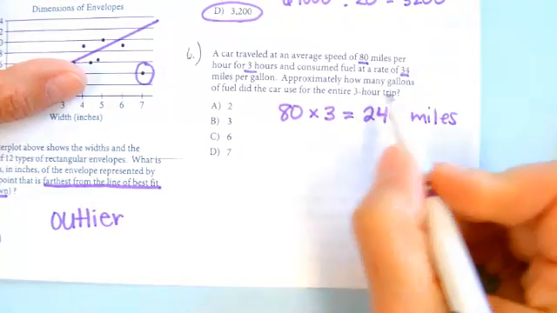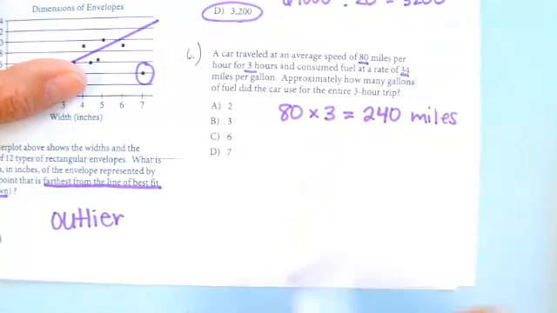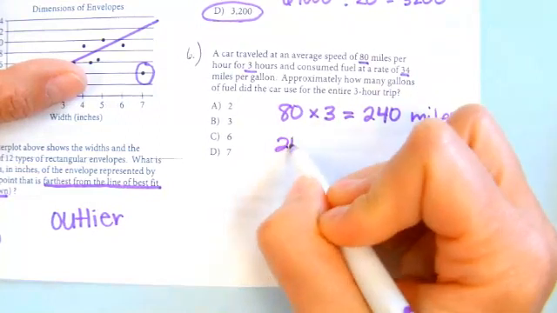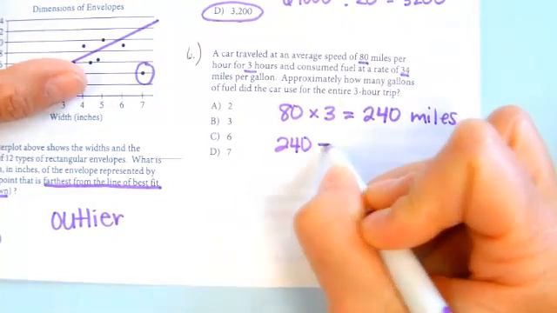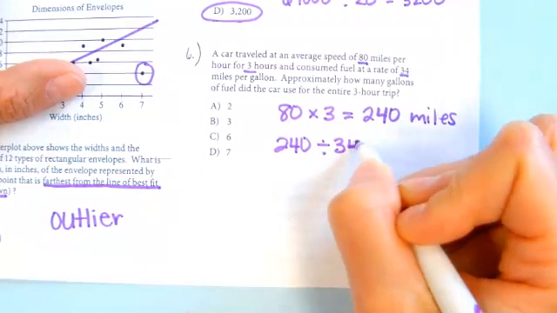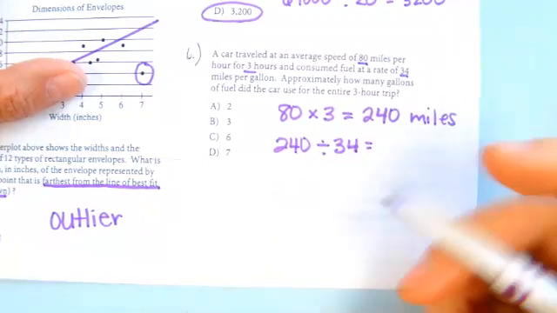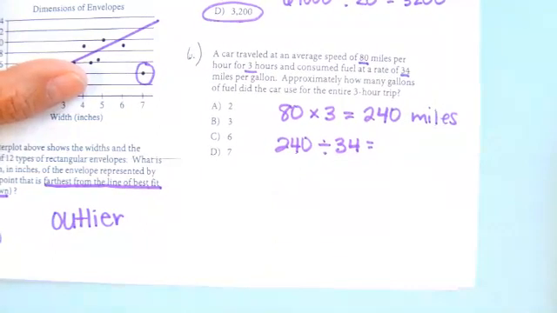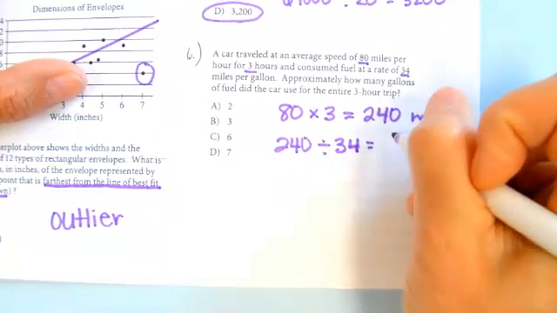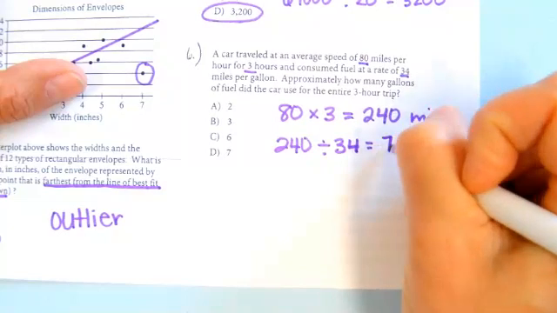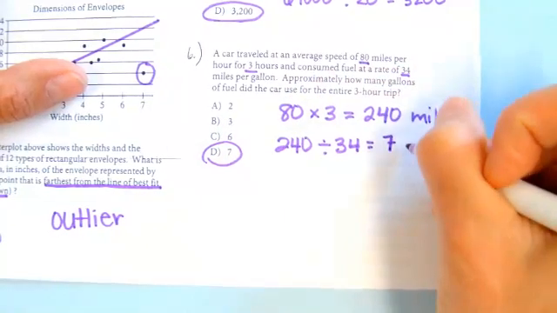But then you get 34 miles per gallon, it said. So if you take that 240 miles and divide it by the 34 miles per gallon, it will tell you how many gallons you needed, all right? And so again, you want to do that in a calculator if you don't know, but the final answer to that would be 7 gallons.